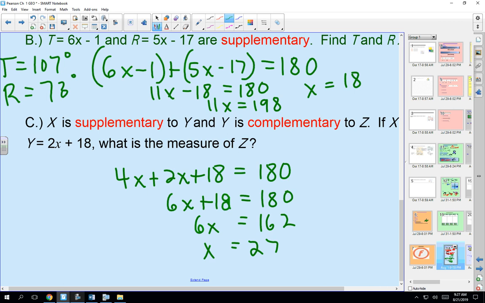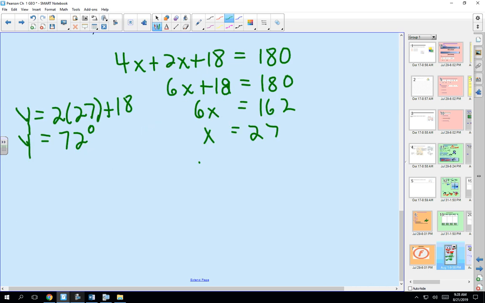So if y equals 2 times 27 plus 18, we get y is 54 plus 18, 72 degrees. If c is complementary to y, then angle c has to equal 90 minus 72 or 18 degrees.